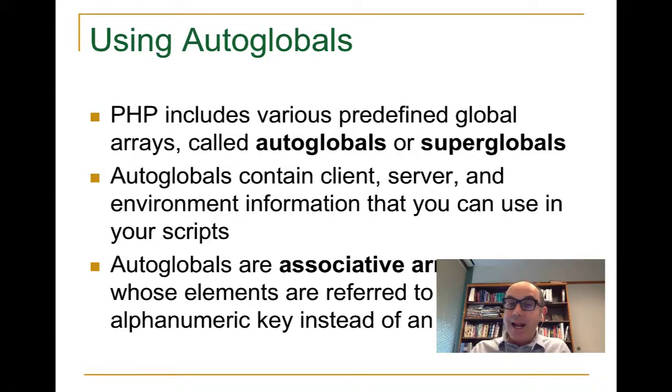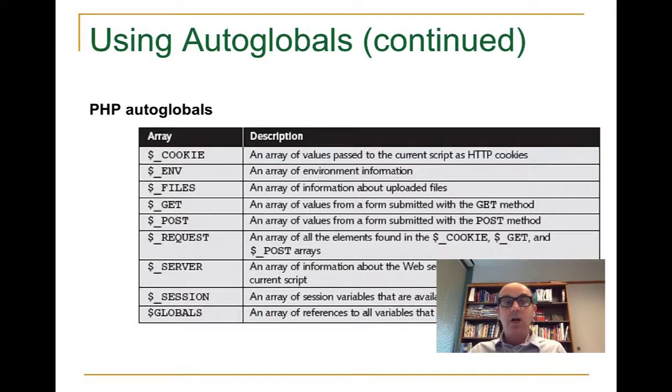And it is a client-server environment that can allow you to do the script. So it is the array, which has elements that are referenced by keys instead of index numbers. In this case, this is part of the terminology that we use.